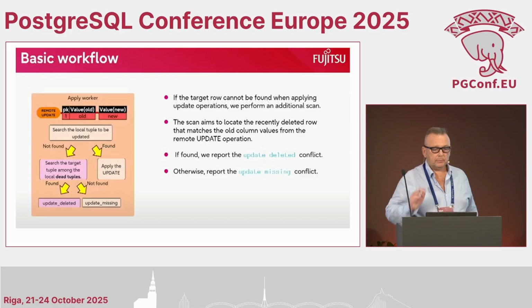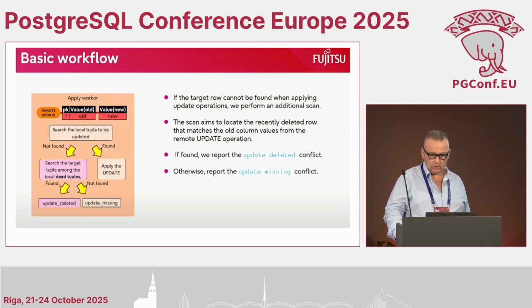So this slide describes how it should work. When the logical replication apply worker applies the remote update from the publisher, it first searches for the local tuple to update. If it finds it, then there's no conflict. Apply the update, everything's okay.